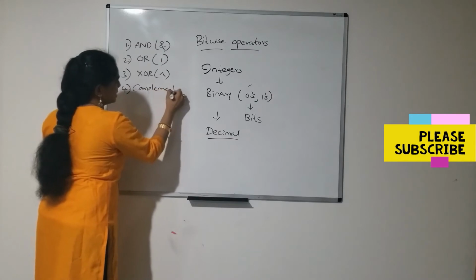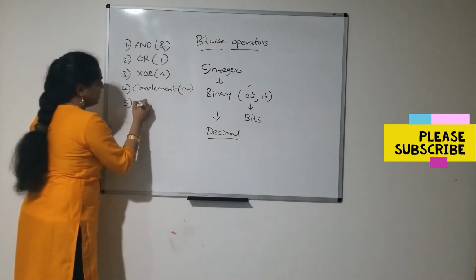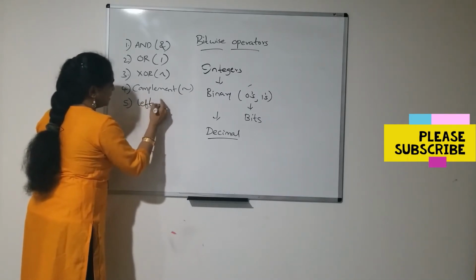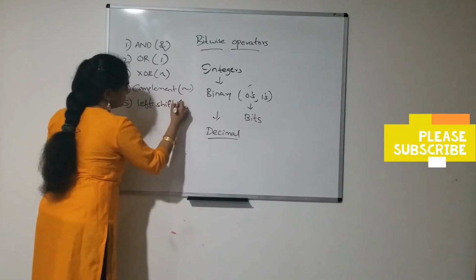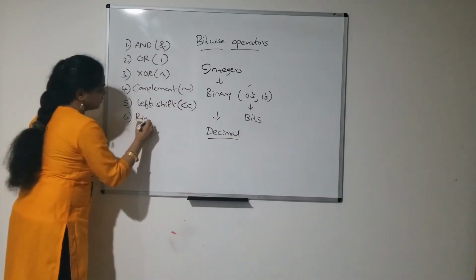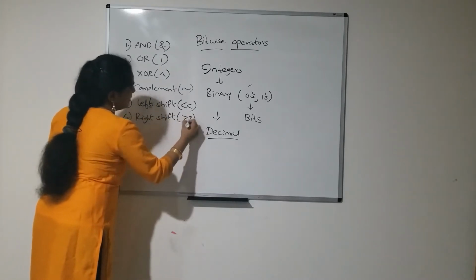Next one is bitwise left shift. And next one is bitwise right shift. So these are the various bitwise operators.